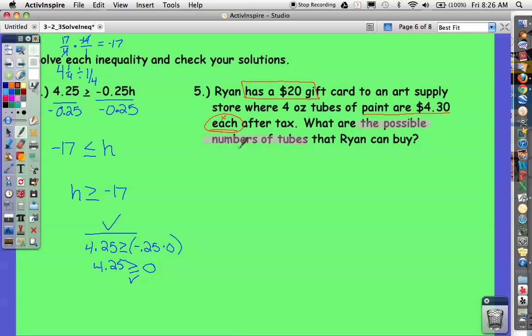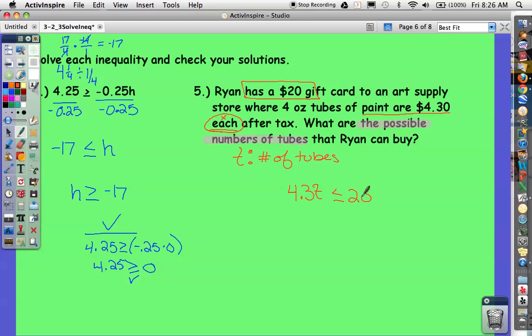So identify your variable. I'm going to do T for the number of tubes. And hopefully you already set up 4 3/10 t is less than or equal to 20.